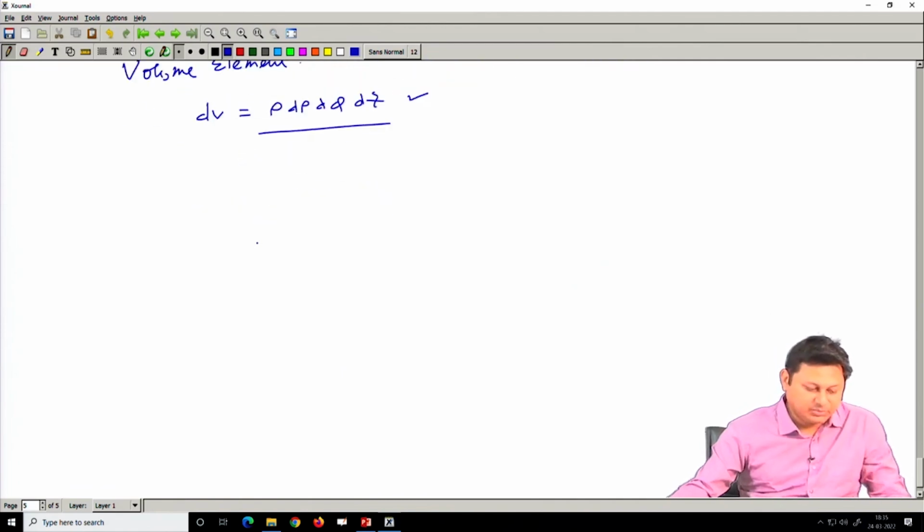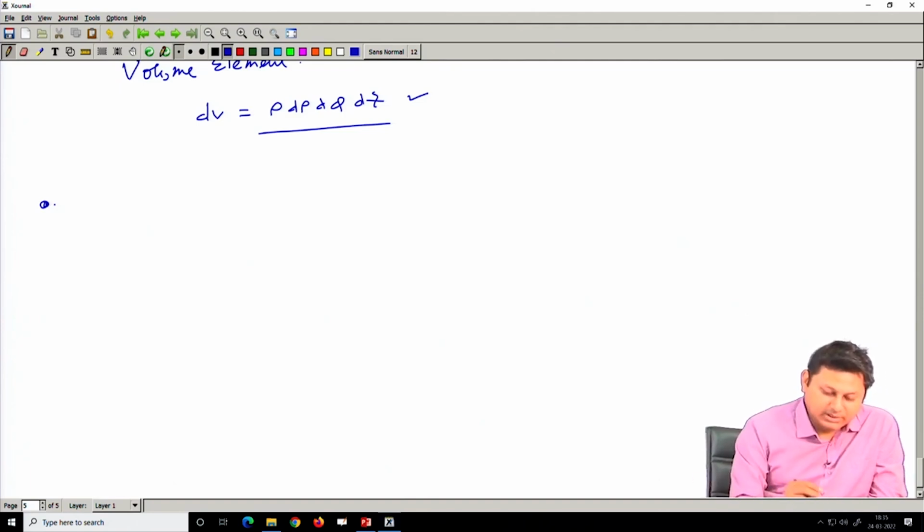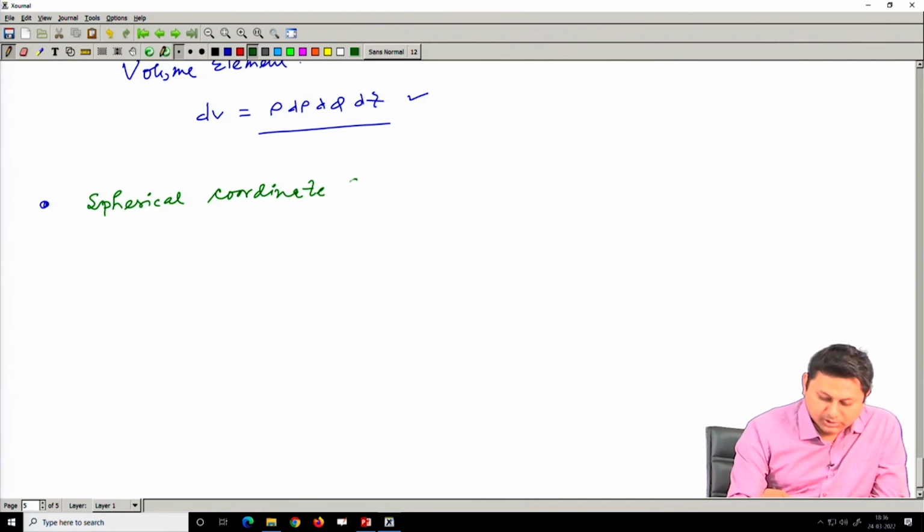The next thing that we will do is to find out the same thing, the length, surface and volume element, but this is for the spherical coordinate system.